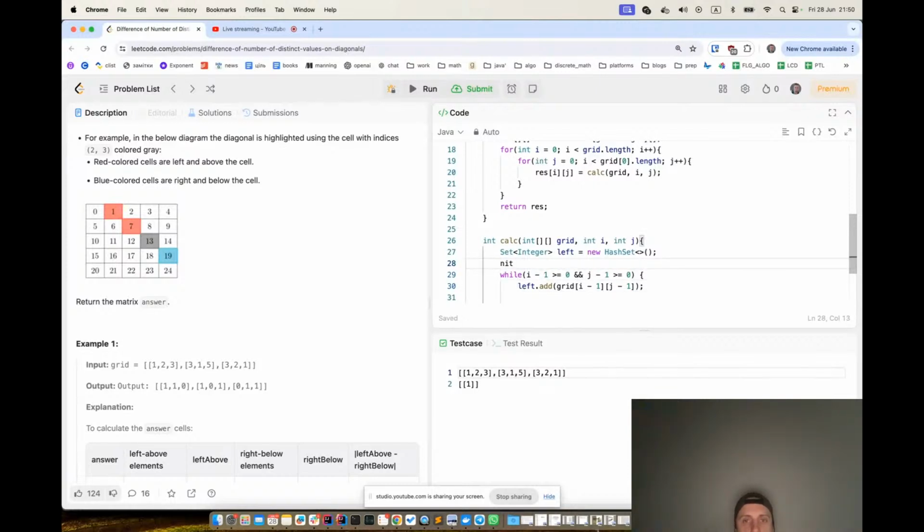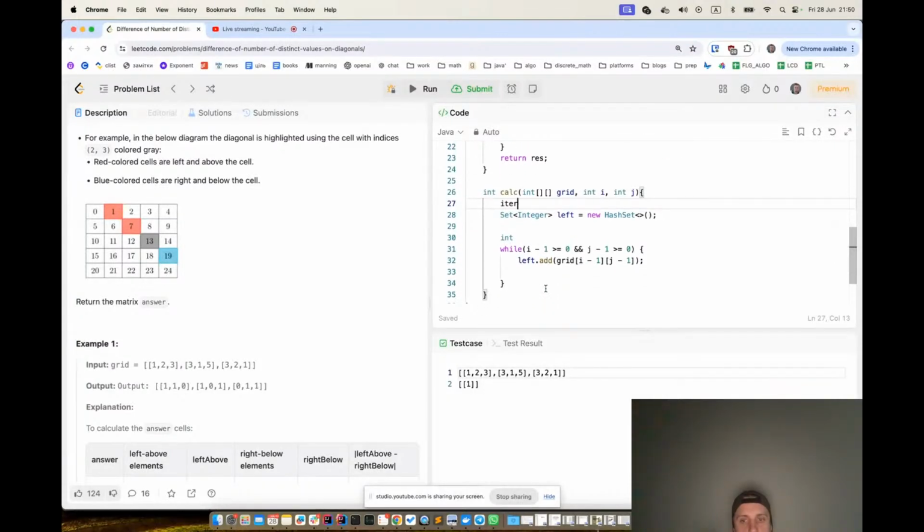So we have two manipulations here, right? So let's iterate left. Okay, so let's do int li = i and int lj = j.